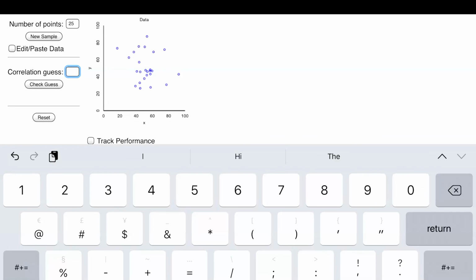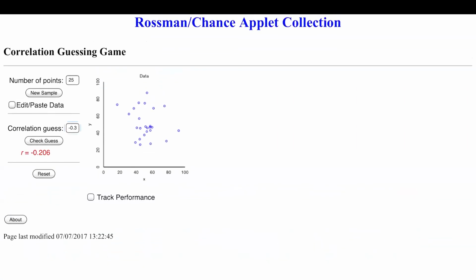I see a scatter plot, and what I'm going to try to do is guess what the correlation is. I don't have any experience with this yet, so I'm not really good at it. It looks to me like the direction is negative, so I'm going to guess a negative value, but the points don't look like they're in much of a straight line, so I'm going to try -0.3. Then I click check guess, and it says, nope, it was negative 0.206.